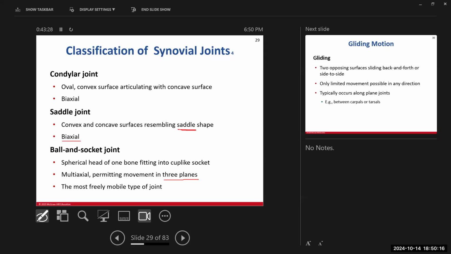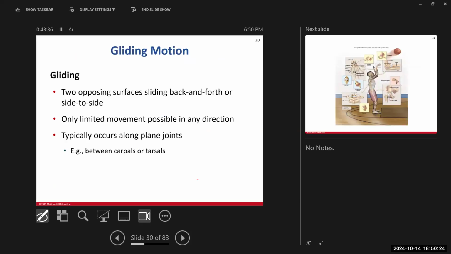So now that we've talked about how these joints are classified and how they're put together, what we've got to do is talk about their movements. One type of movement is gliding movement. You have two surfaces that are articulating with one another, and one surface is going to move past the other in a gliding motion.